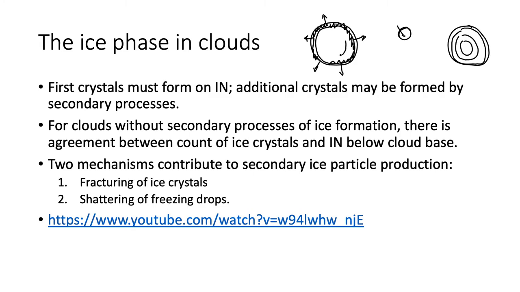When the inner layer freezes, it naturally wants to expand as well, but what happens is that it encounters the outer layer that has frozen already. And so it encounters a resistance. And so what usually happens, and what can happen and does happen in clouds, is that these droplets, when they freeze, they literally explode. They shatter. They break in half, or they shatter.